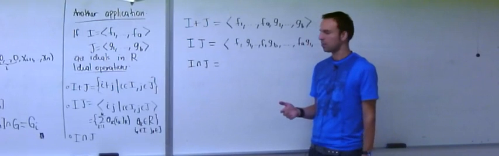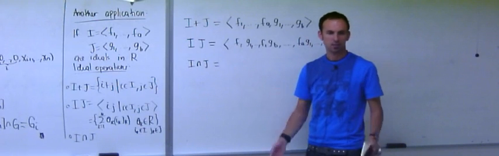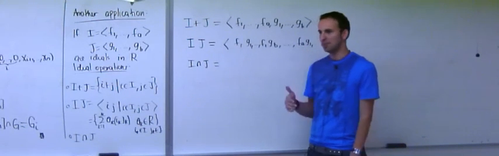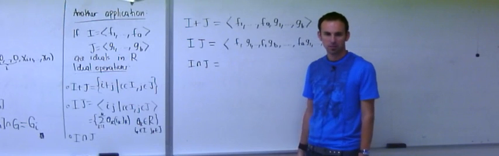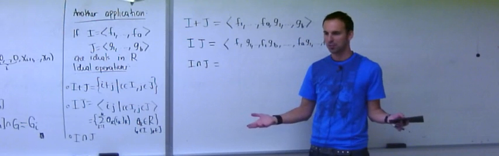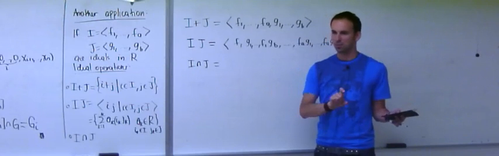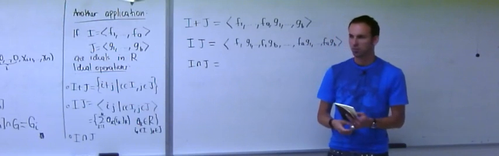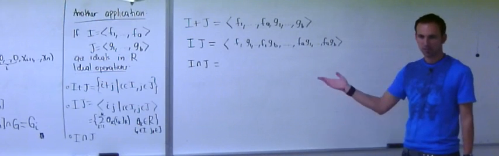But here, you're taking the common things that are in I and in J. And if you think about it, it's even hard to decide if this is empty or not. If I give you two ideals, how do you know if they have a common element? You'd have to find whether there exists a combination of these guys that equals a combination of these guys. That's not trivial. So it's hard to find a single element, let alone a generating set.